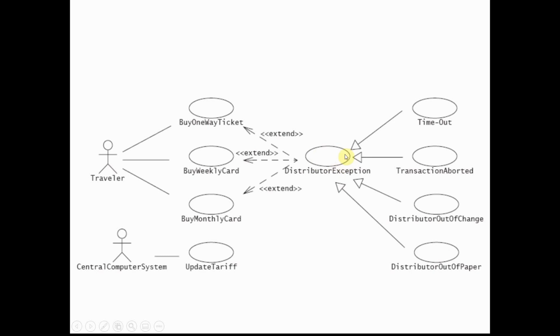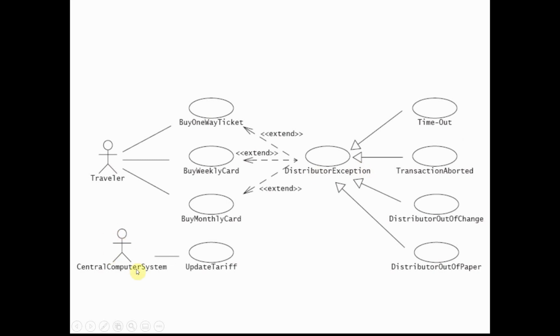They are different kinds of exceptions, and then the entire structure is extended by one way, by monthly, and by weekly. So here we eliminated the need to connect each purchase to 4 of them. That would be 12 connections. That would be too much and make it quite messy.